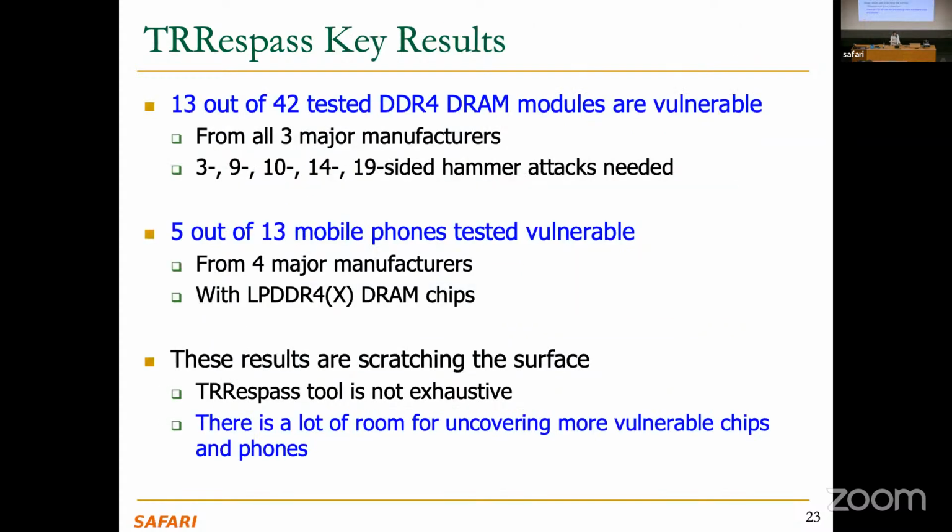So the key result of this paper is that there are still a lot of DRAM modules out there that are vulnerable to RowHammer, and even some mobile phones. And this is just a scratch on the surface because this tool is not exhaustive. It doesn't check all patterns out there. And there can be other vulnerable devices that we were not able to find successful patterns for.